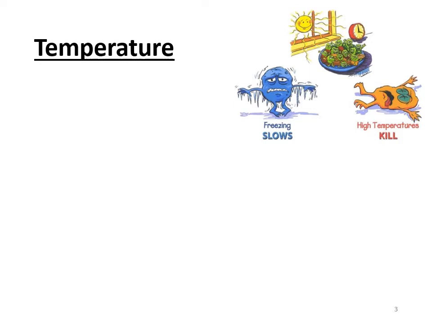And when it comes to temperature, there's a term I want you to remember, which is the cardinal temperatures, okay? Every organism, including us, has cardinal temperatures, which means every organism has a minimum, a maximum, and an optimal temperature, okay?